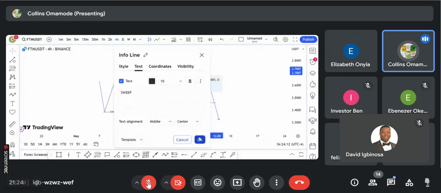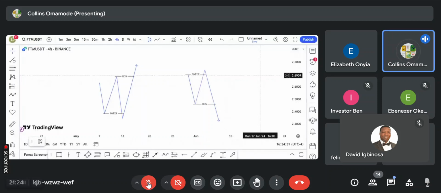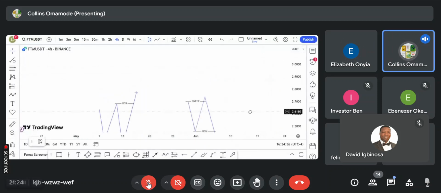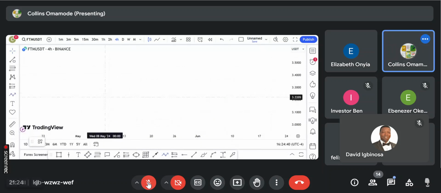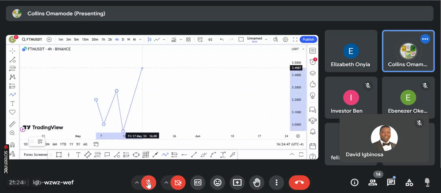So this is the first thing I look out for, my advanced market structure. Then the second thing I look out for is my liquidity or inducement. You can call it that. This sweep, this sweep and this break. I want to see another break that will cause a structural liquidity.